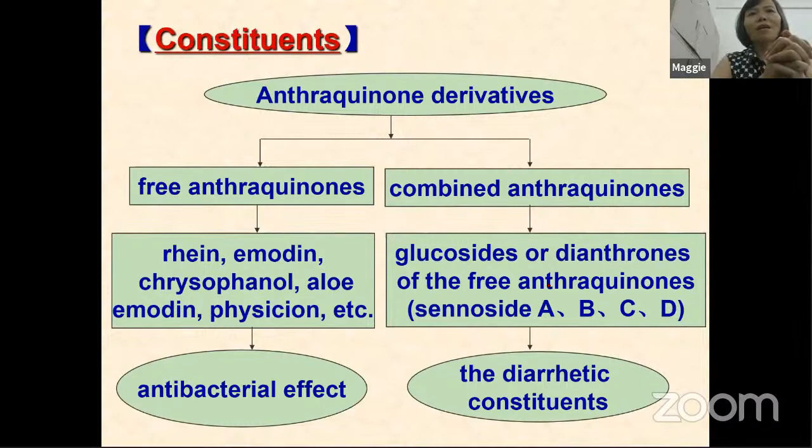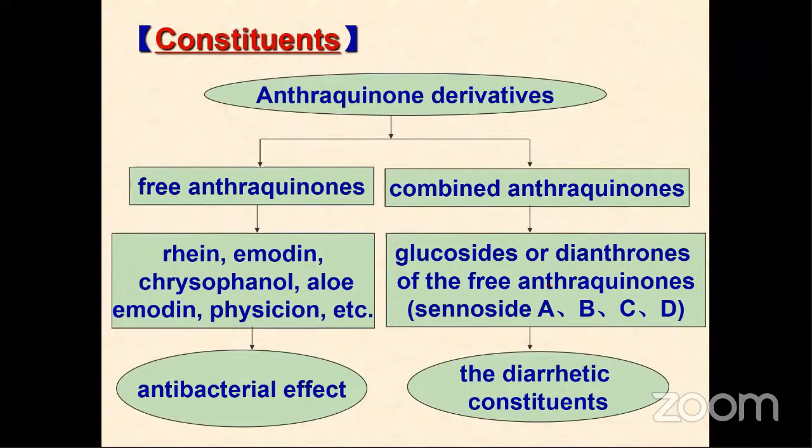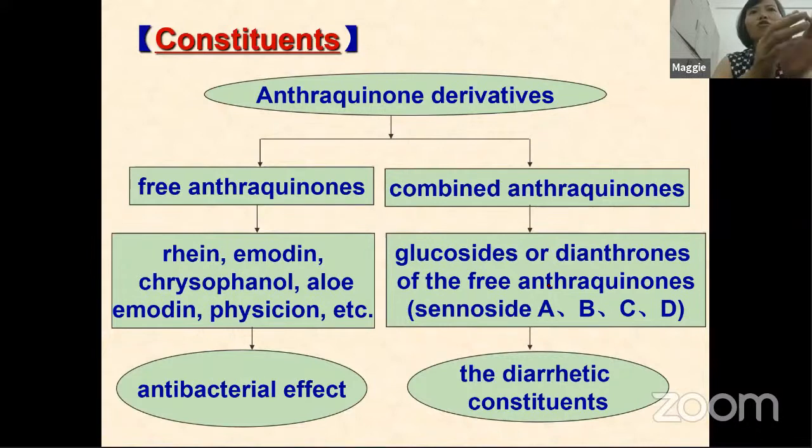constituents. Chemical analysis indicates that rhubarb contains anthraquinone derivatives.